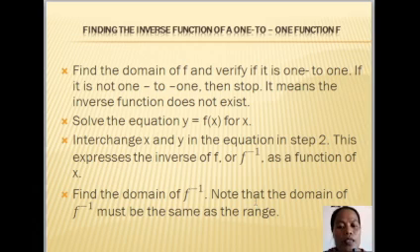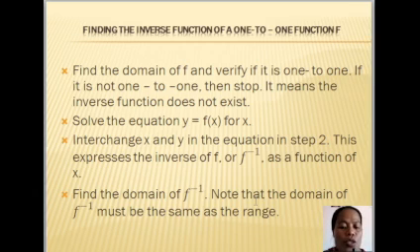Okay, let's have the steps in finding the inverse function of a one-to-one function now. First, find the domain of f and verify if it is one-to-one. If it is not one-to-one, then stop. It means the inverse does not exist. Next, solve the equation y equals f of x for x.